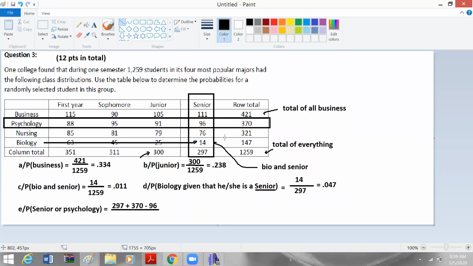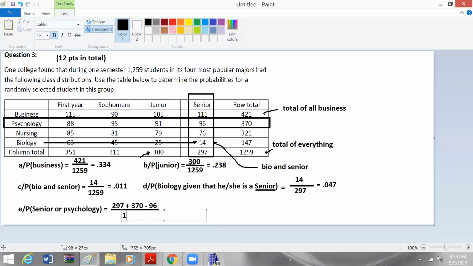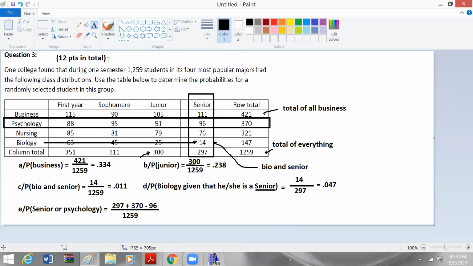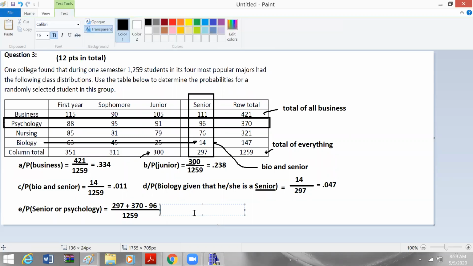Remember that we take a total of these two, so the total of the psychology is 370, plus the total of the senior, so that'll be 297, and then we subtract the joint, so that would be 96. So this is going to give us the answer.